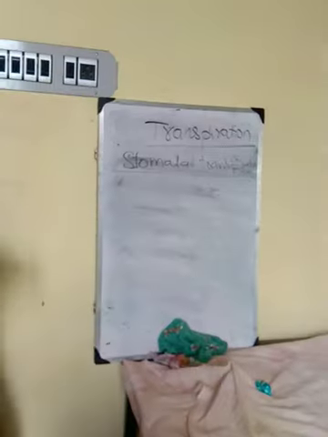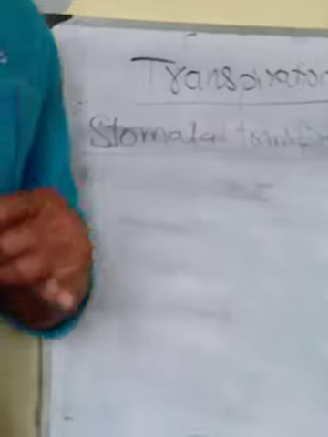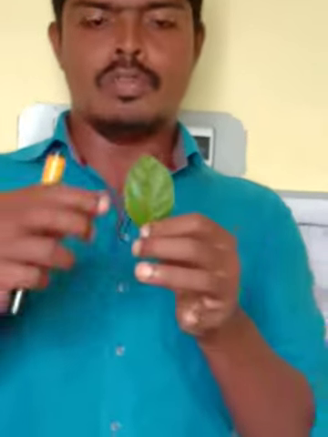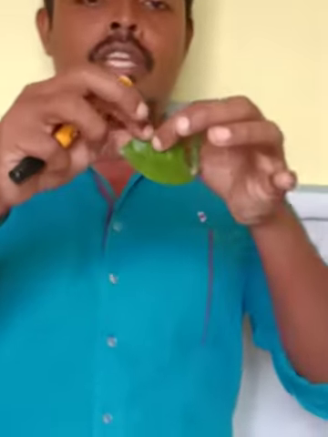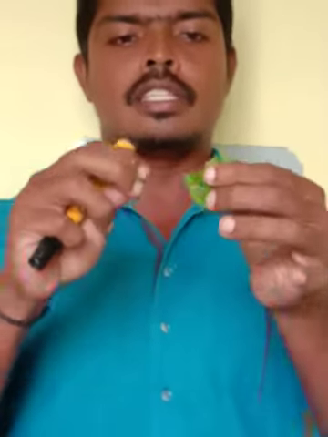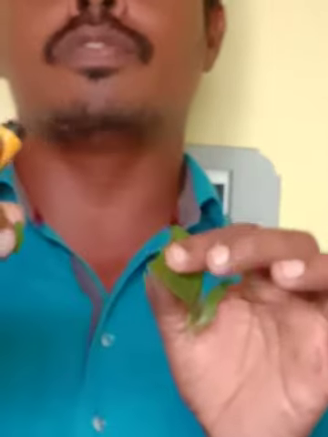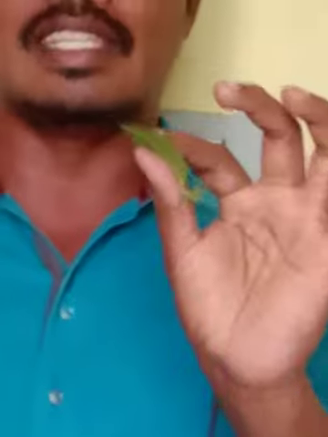Before going to stomatal transpiration, first you should know what stomata is. See, I told you that if this is the leaf, and you cut the leaf in this way, in this cross section, and take a single small bit of this leaf and view it through the microscope, you can see the structure of the cells.